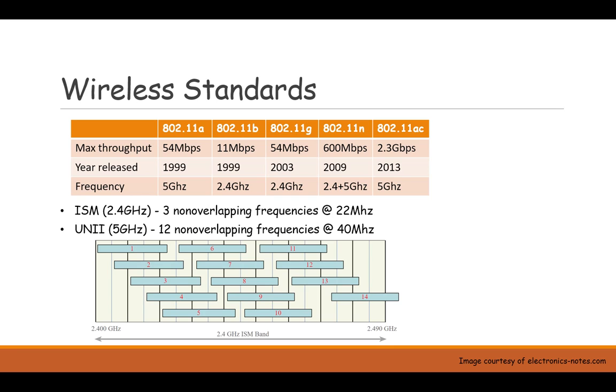In the same year, IEEE also published the 802.11b standard that offered lower throughput at 11 megabits, though it operated in the 2.4 gigahertz spectrum. That's the ISM band, or the Industrial, Scientific, Medical radio bands.